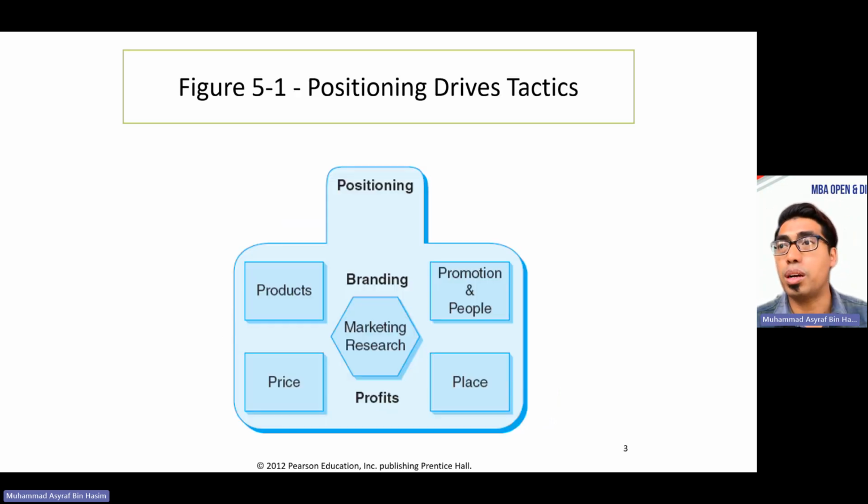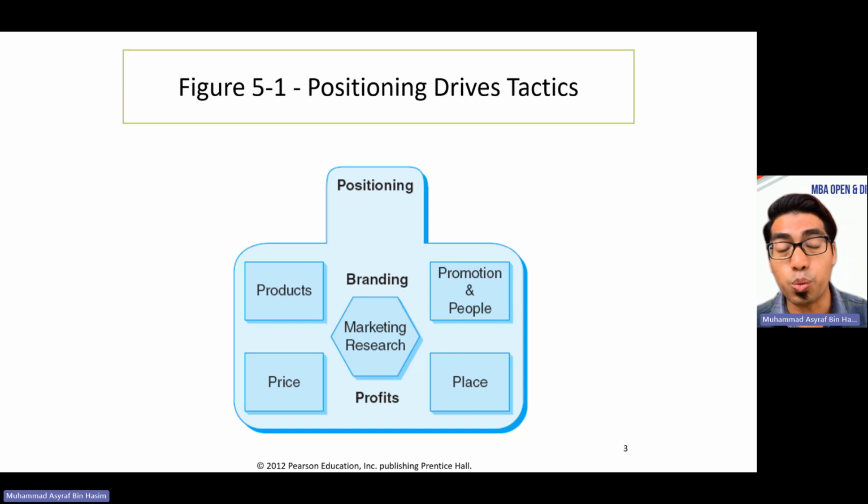So, talking about the positioning drive tactics, if you look at this figure, we have the 4 P's: product, price, promotion, and place. It shows all the details and specific decisions about the firm's products and services, brands, prices, places, or some call it channel or distribution, and also promotion.